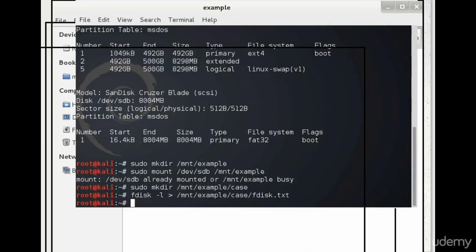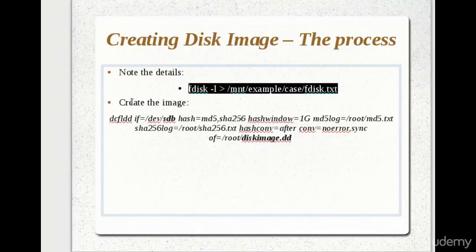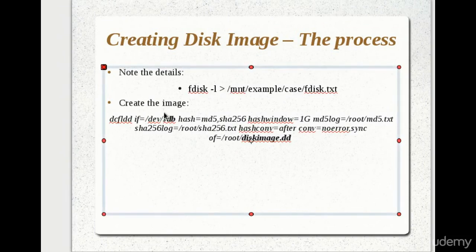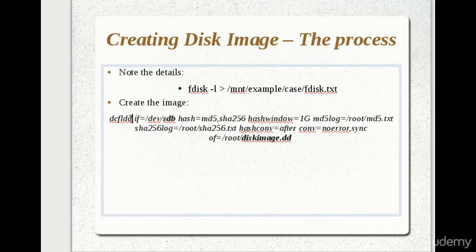So this is the main command that you need to execute. Let me explain it first. dcfldd, as discussed, is the advanced version of dd, which is a command line utility. You use this command where the source drive, the USB drive, is this one.